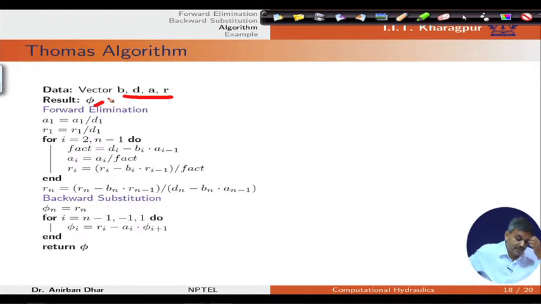So, first is forward elimination. As I have told earlier, we are not utilizing xi and rho as separate vectors, because that will require more storage.